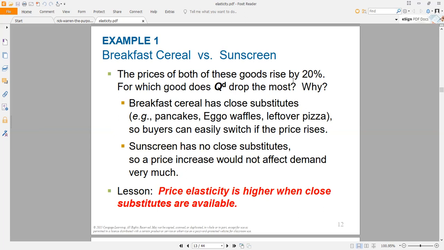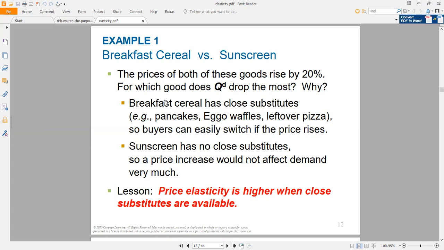Because the price of the good has increased by 20%, the quantity demanded here will fall by a wider margin because it has substitutes. If you talk about sunscreen, they don't have many substitutes. So even if there's an increase in the price, it doesn't really affect the demand much. But for breakfast cereal, because it has a lot of substitutes, as soon as you increase price by even a small percentage, you will see a greater drop in quantity demanded.